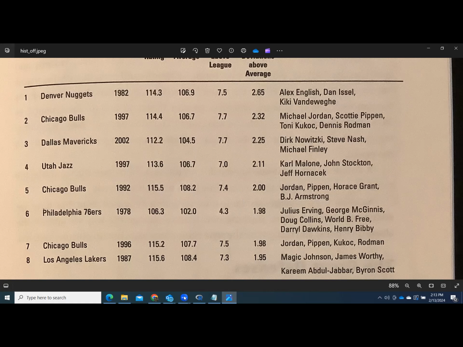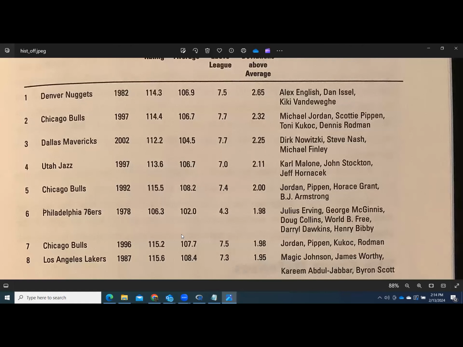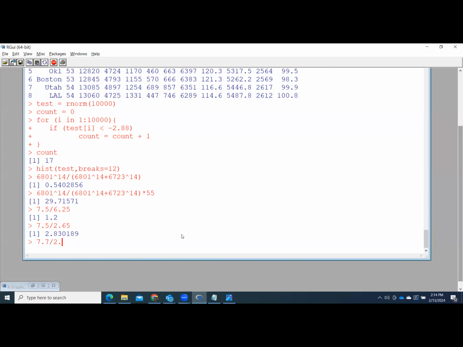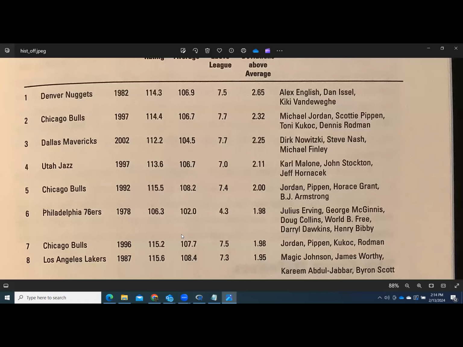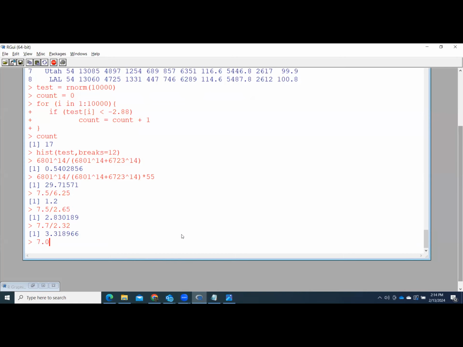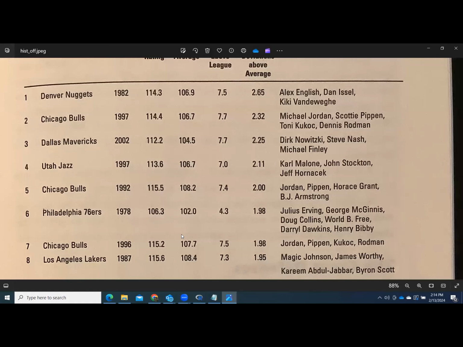We don't have to be in that much of a rush. 7.7 divided by 2.32 is 3.32. And now take 7.0 divided by 2.11, 3.32. Okay, so yeah, this is the standard deviation of the offensive ratings.